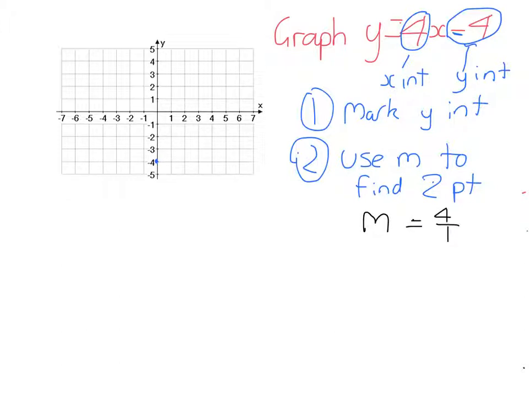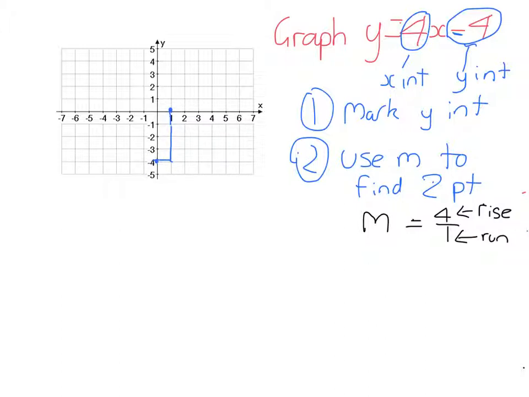So what that means is the run is 1 and the rise is 4. So I go from the y-intercept, I go across 1 because that's the run, and up 4. Okay? So I go across 1 and I go up 1, 2, 3, 4.